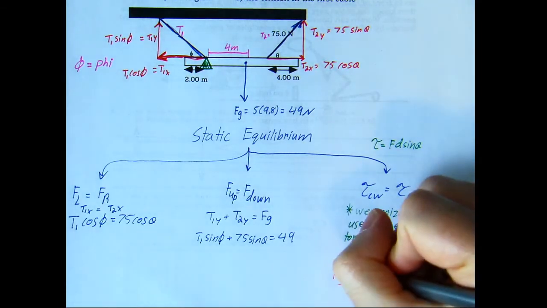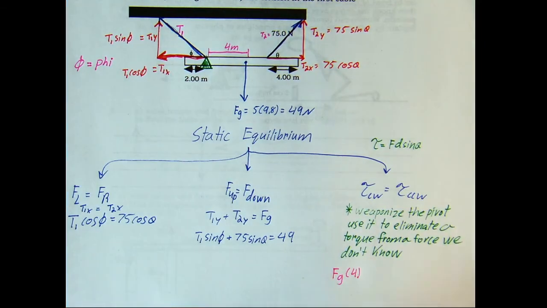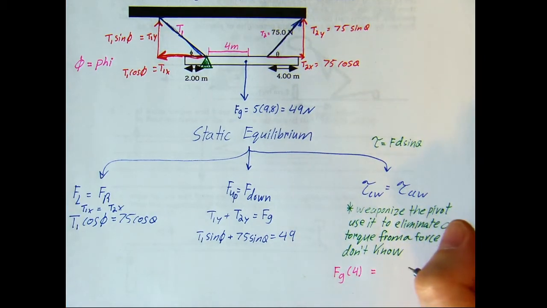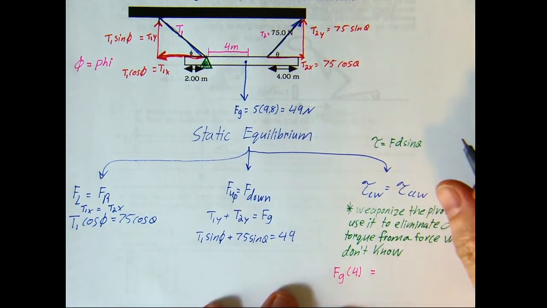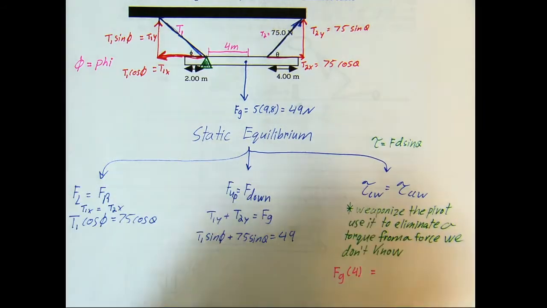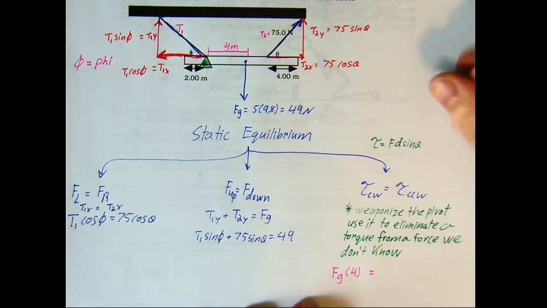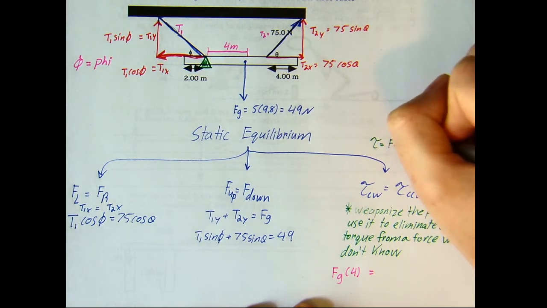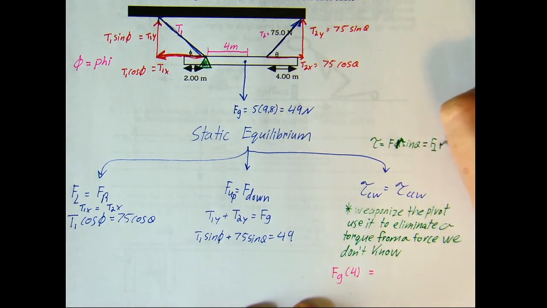So Fg times 4 is going to equal, now we can use two expressions here. It's either Fd sine theta or, actually this should have been an R, Fr sine theta.